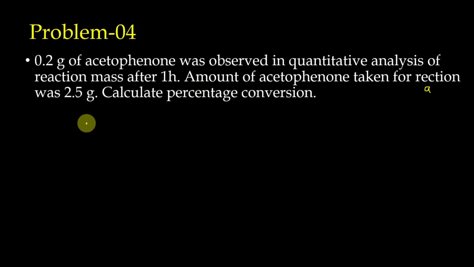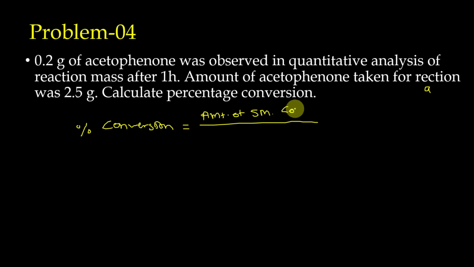Okay, so what is the formula for percentage conversion? Amount of starting material consumed in the reaction divided by amount of starting material taken for the reaction, into 100.